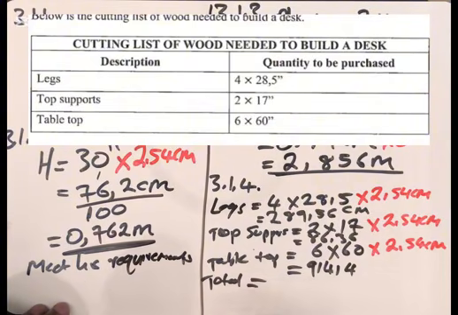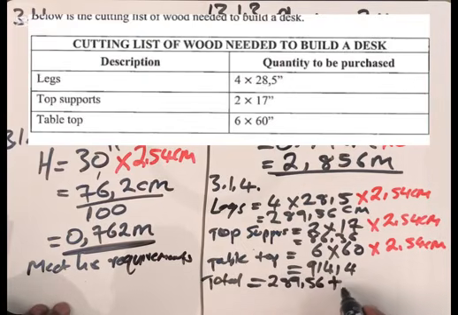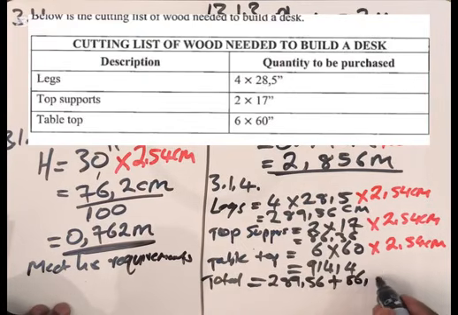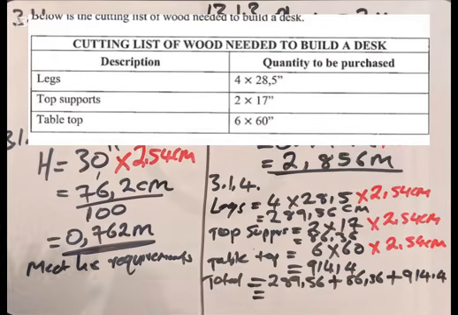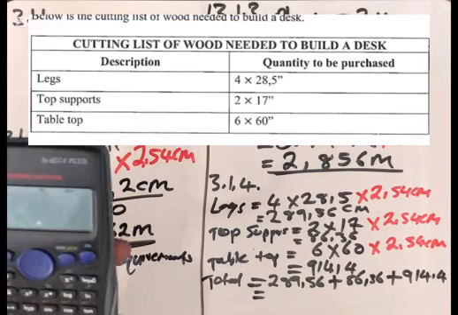Then for the total, we are going to add all these things, which is 289.56 plus 86.36 plus 914.4. You should not forget, everything here is in centimeters. Let's add everything together.